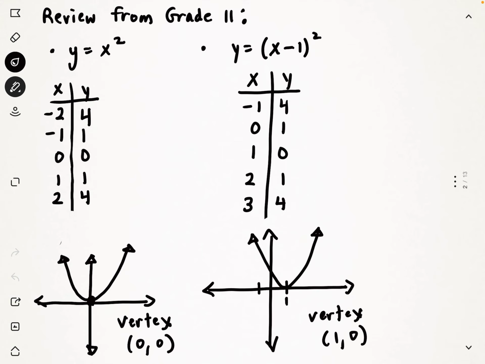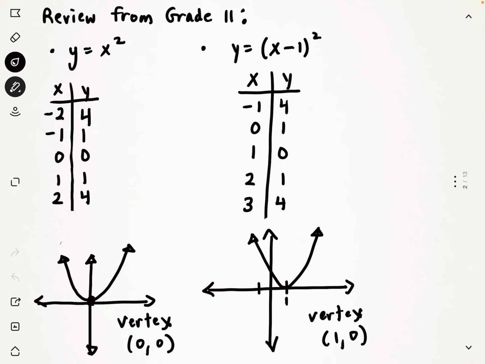We have a parabola on the very left side here, the most basic parabola you can do with a vertex at 0, 0, just a basic y equals x squared graph, and we have a table of values as well. If we have an equation where it's still a parabola, still x squared on the right, but it's x minus 1 all squared, what that minus 1 does is it has the effect of moving the graph to the right.